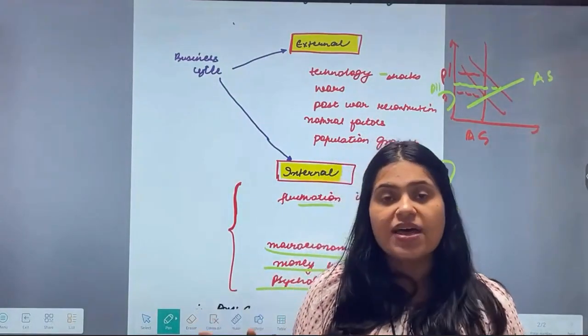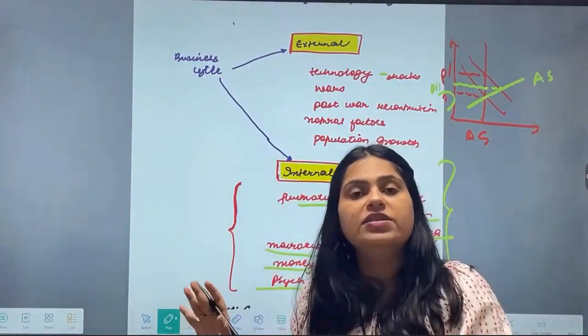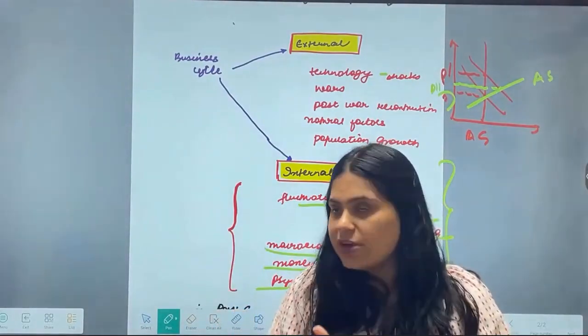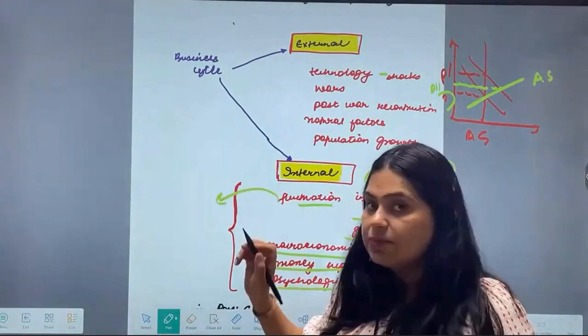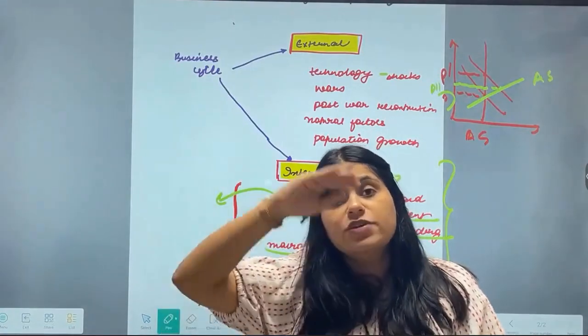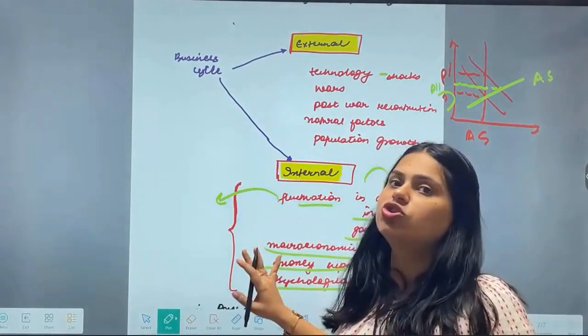These are the factors directly affecting the business cycle. These are determined within the model, right? For example, take the first one. Whether demand will increase or decrease will depend on which phase of the business cycle you are in, right? So these are all endogenous.